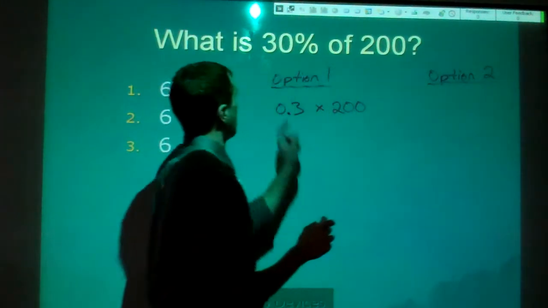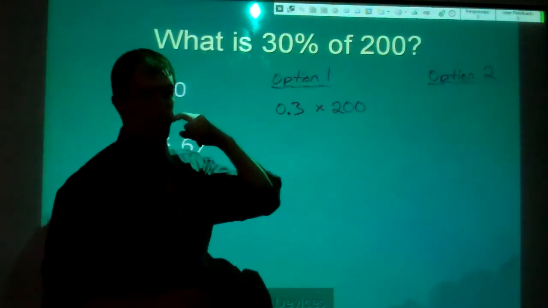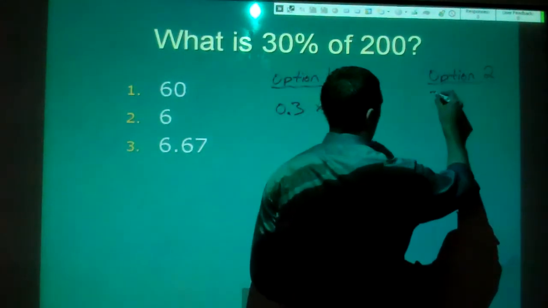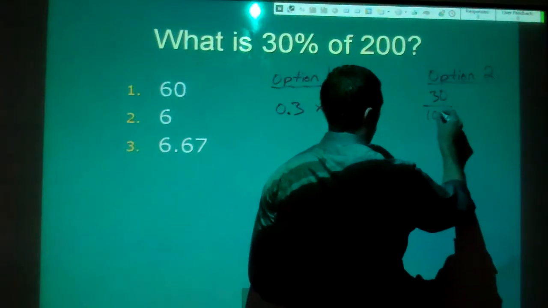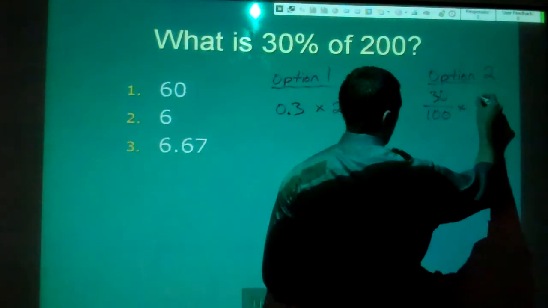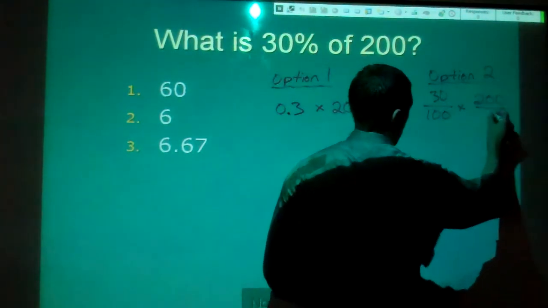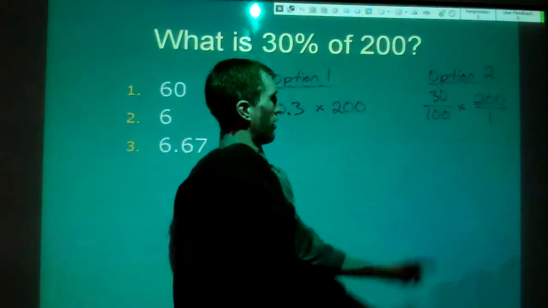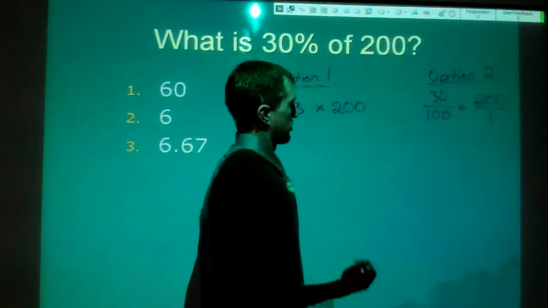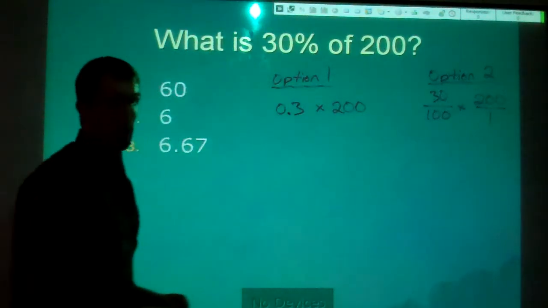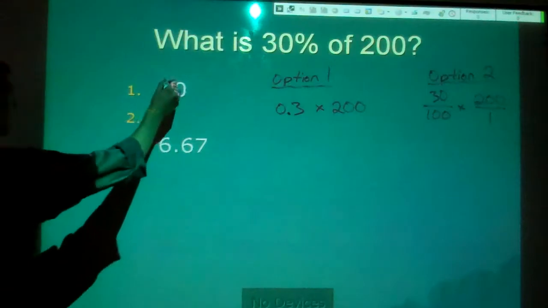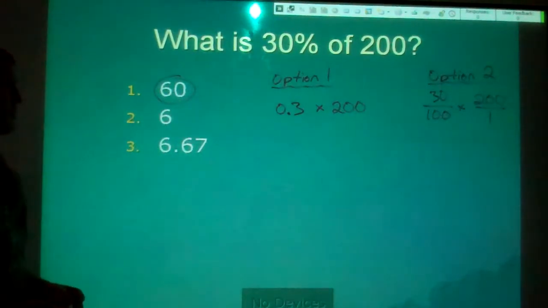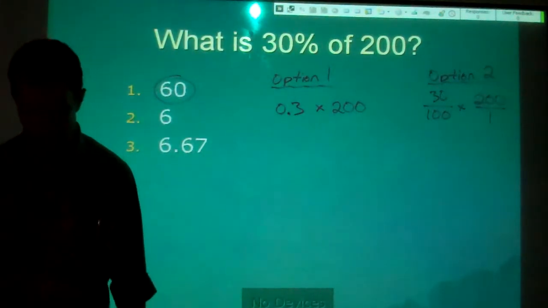That would be 30 over 100 because percents are out of 100, times 200 over 1. So I just put this over 1. You can do that. So if we go through and do all this multiplying, either way we should get 60. 60 should be 30% of 200.